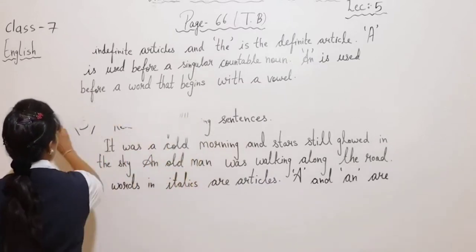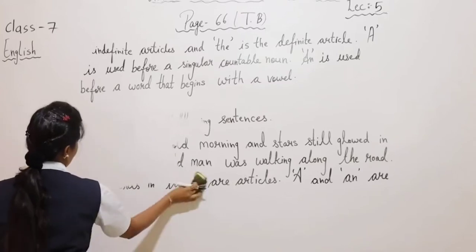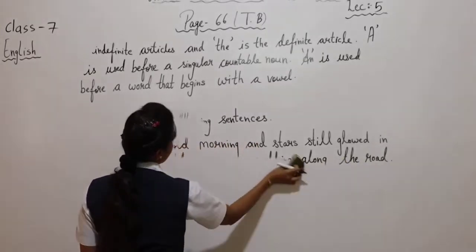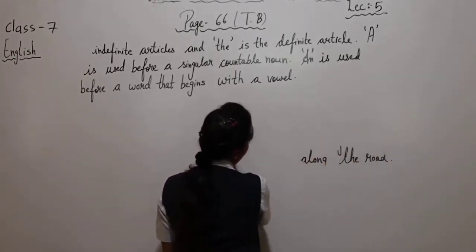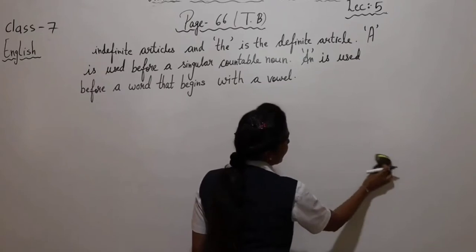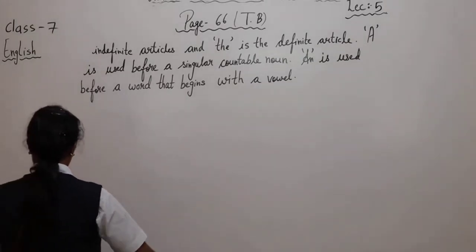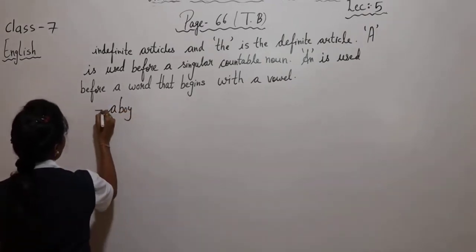Now one paragraph is given, and in the given paragraph there are some blanks, and we have to fill those blanks with the help of a, an and the. Clear? So now write down first the examples which are given, note it down.